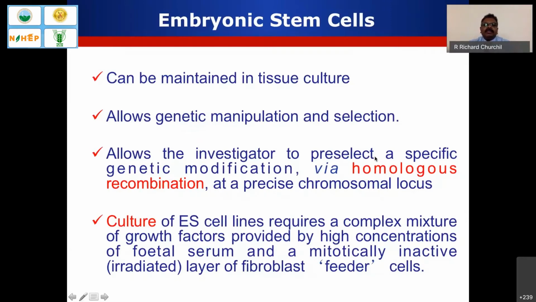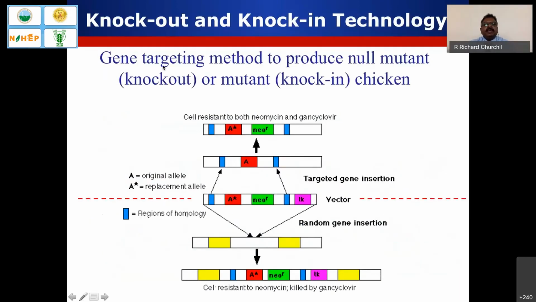Homologous recombination means we have a modified gene, and the modified gene is inserted into its original place, and the original gene is removed and this modified gene is inserted in the same place. So then it is called homologous recombination, and if it is somewhere else, it is random insertion. So homologous insertion and random insertion.